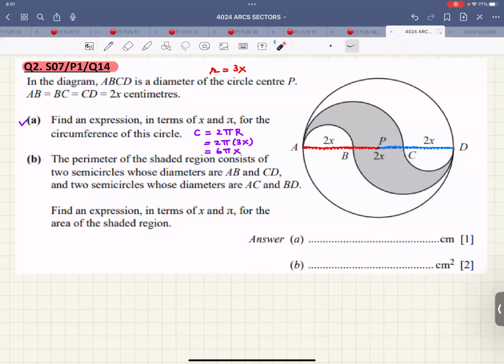Then it says the perimeter of the shaded region. This is the perimeter of the shaded region. It consists of two semicircles whose diameters are AB and CD. So AB is diameter, CD is diameter, and two semicircles whose diameters are AC, up till here, this is C, AC and BD.